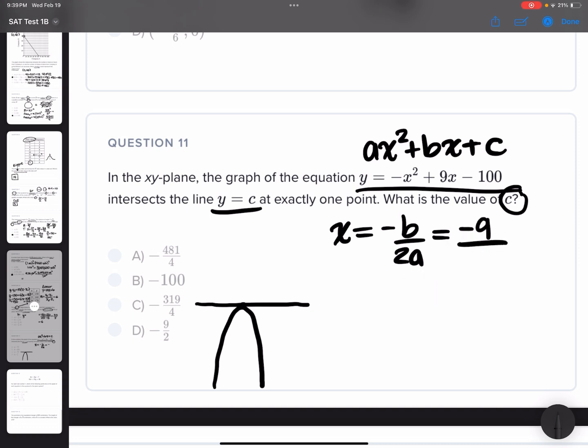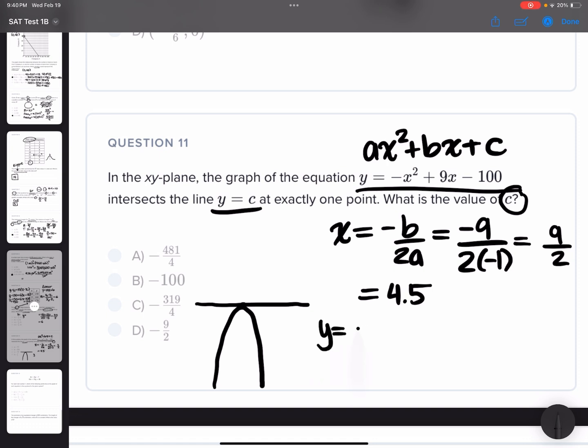9 over 2 times negative 1 equals negative, nope, it's not negative. I take that back. It's 9 over 2, which is just 4.5. And then in order to find that value of y, I would just plug it back in.